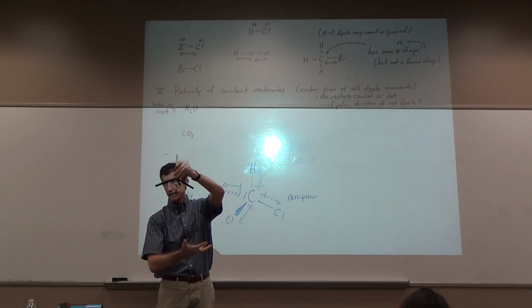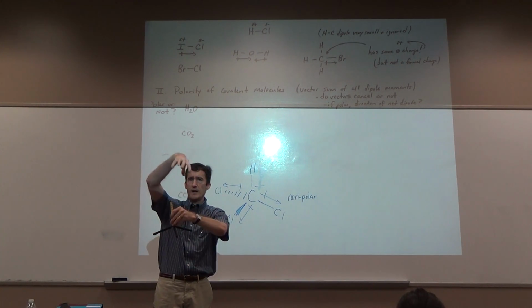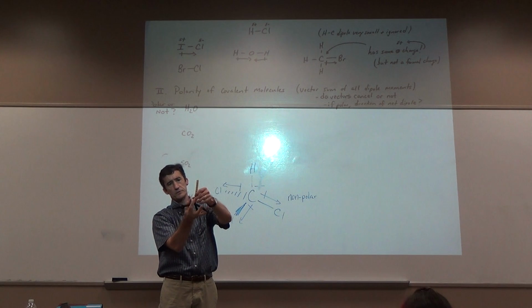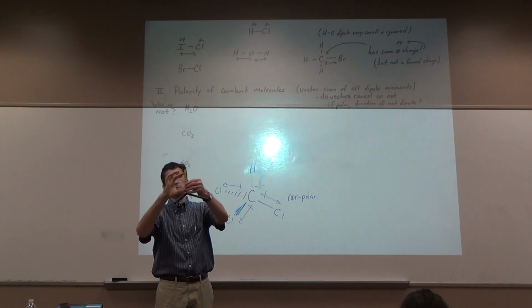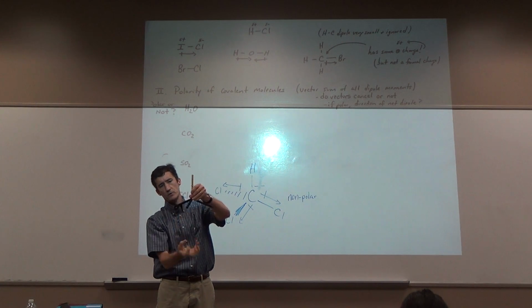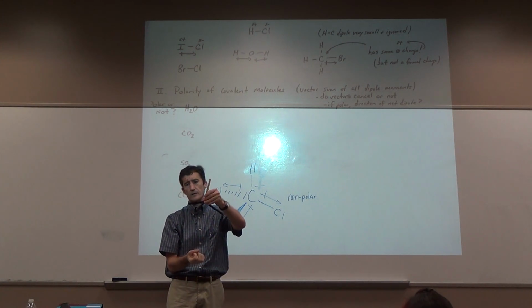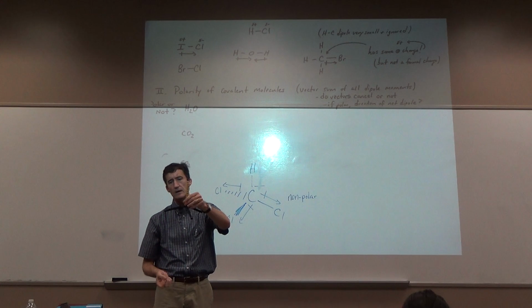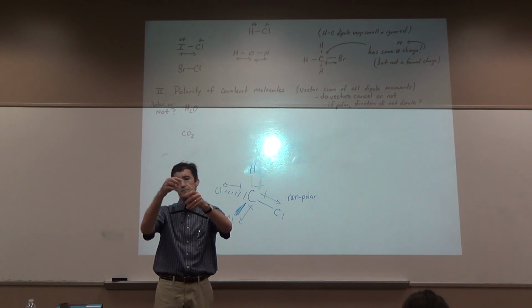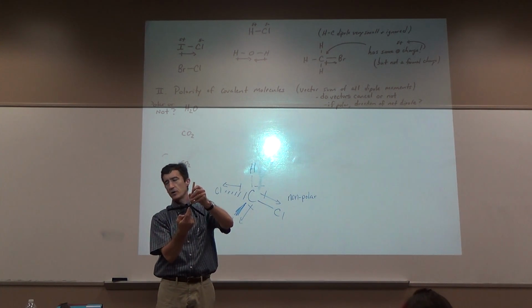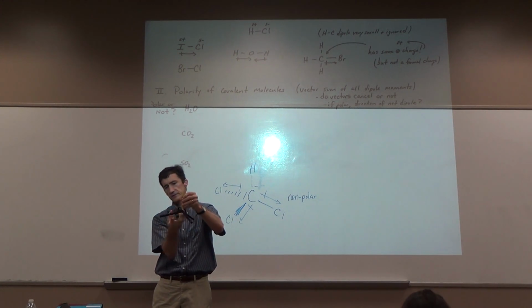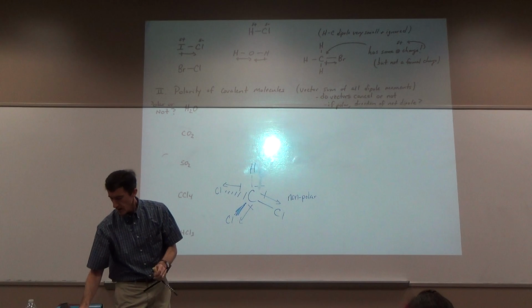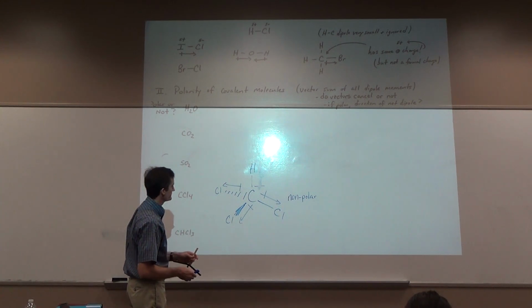So this is going to be the negative end of the molecule, and this will be the positive end of the molecule, because the electrons are just being pulled this way. The electrons in the sigma bond here are going to be polarized a little bit as a result of the chlorine pulling, like tug of war. These pull. They make the carbon partial positive, but they also make the H a little bit partial positive.